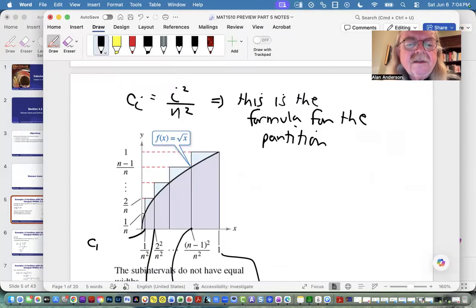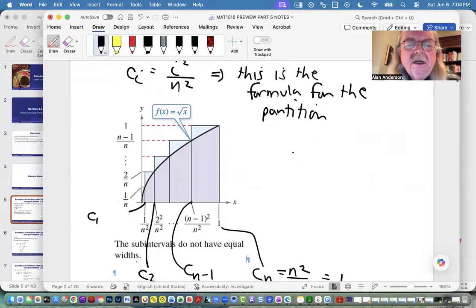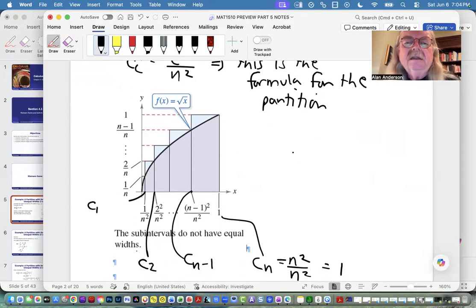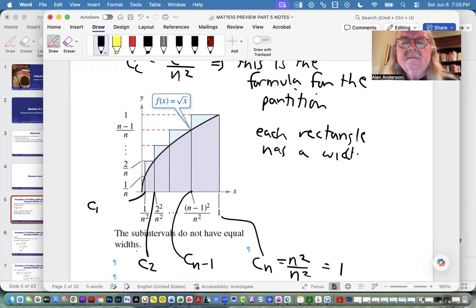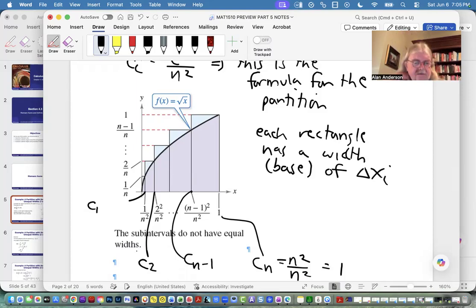Now, the widths between these endpoints, delta x_i.